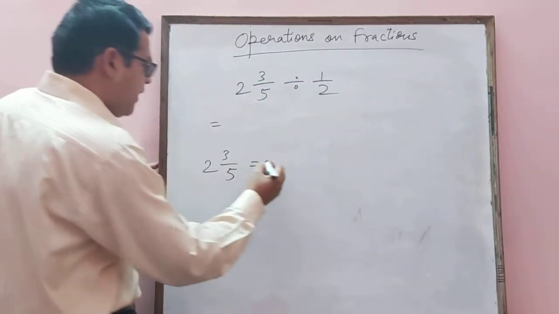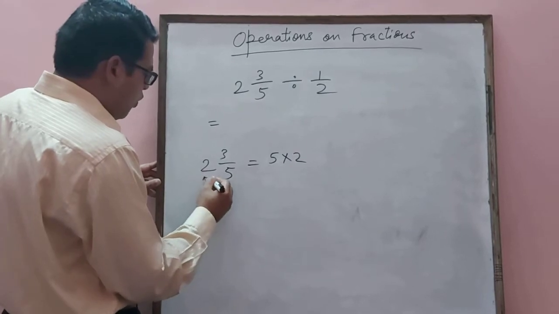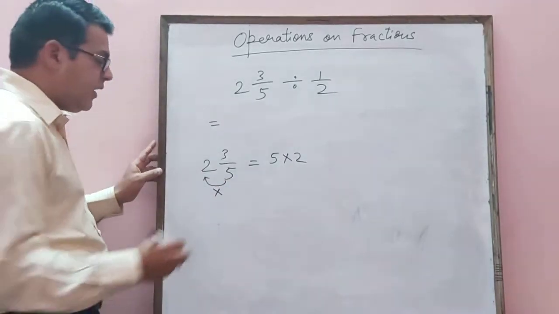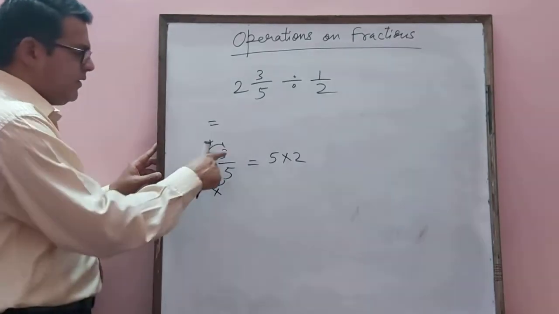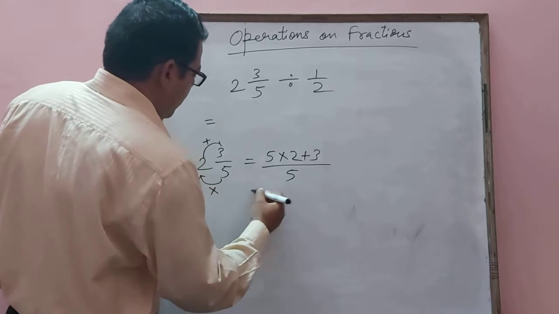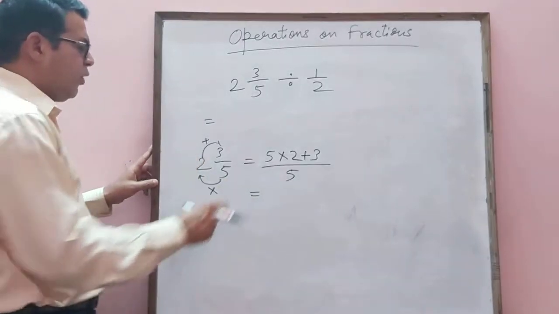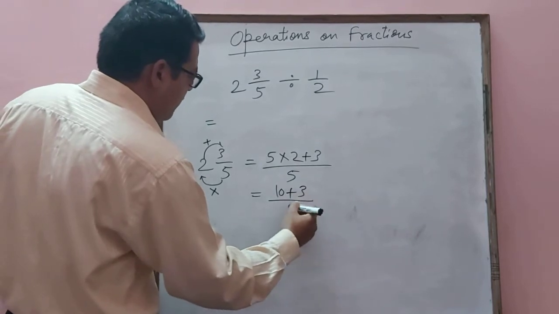So how can we write it? We can multiply this 5 with 2, as we discussed so many times, and in the product we can add the numerator. Plus 3 we can add here, and downside we already have this 5. So 5 2s are 10 plus 3 by 5.